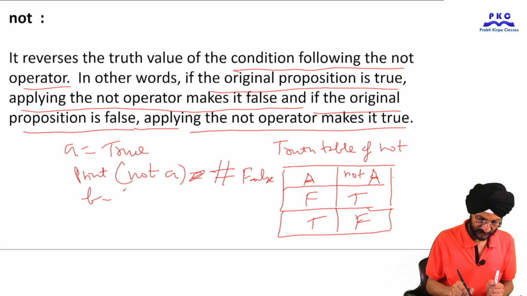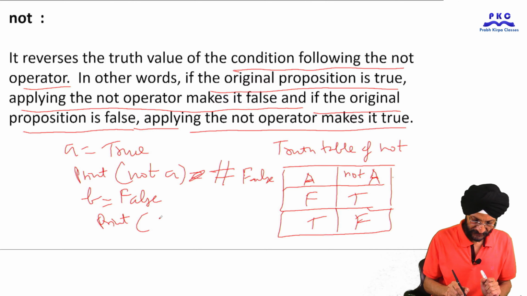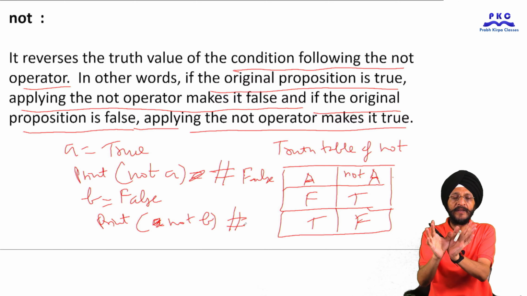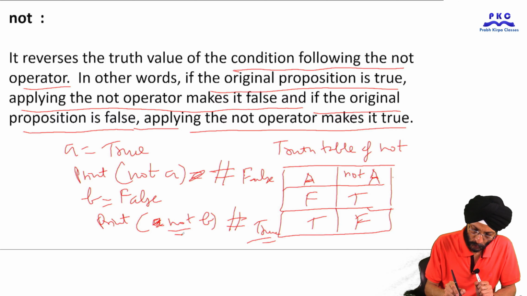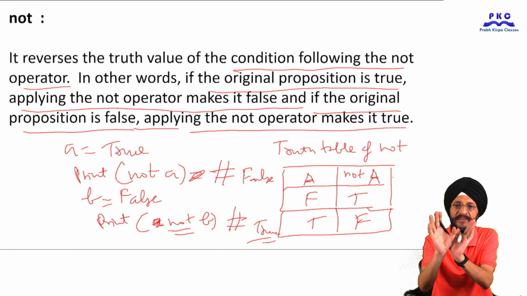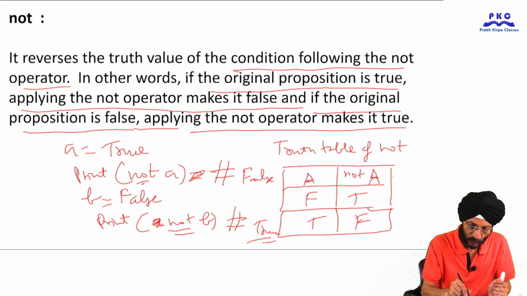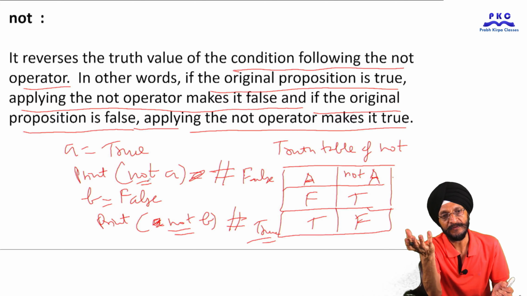If B is false and we use the print function, the Python interpreter will interpret it as print not B. The Python interpreter will give the output as true, because we have written not B. Not B means not false. Not false means true. Here A was given as true and we wrote not A. Not A means not true. If a thing is not true, it becomes false.